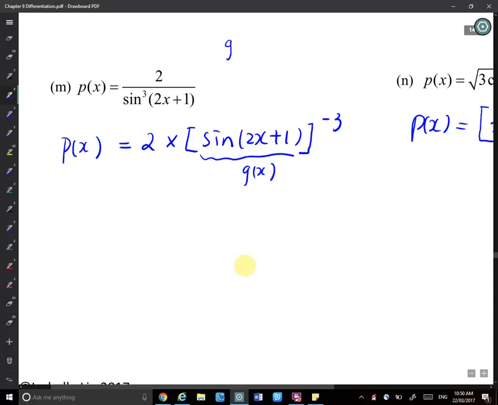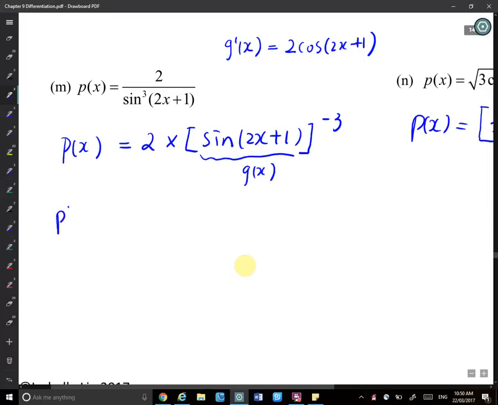Let's think about what g dash x is. You derive the things inside, which gives you a 2. Sine will become cosine, and then 2x plus 1. That's g dash x.